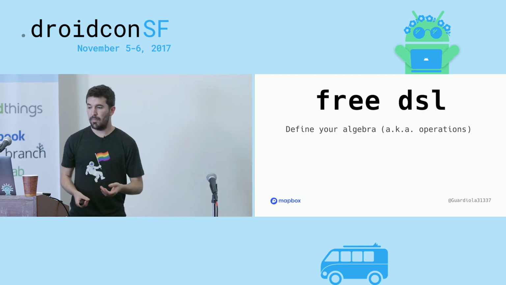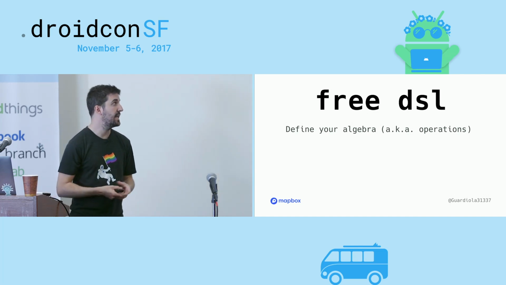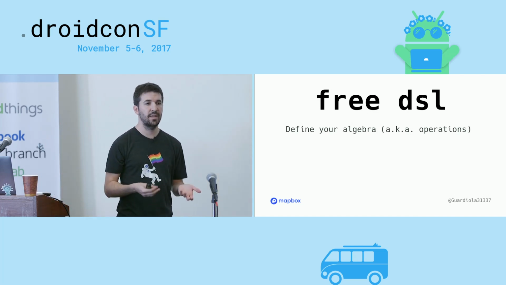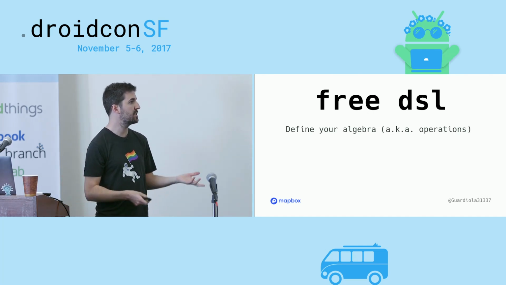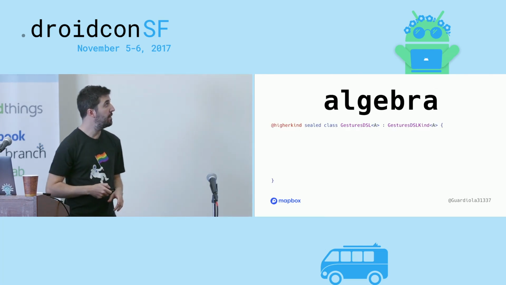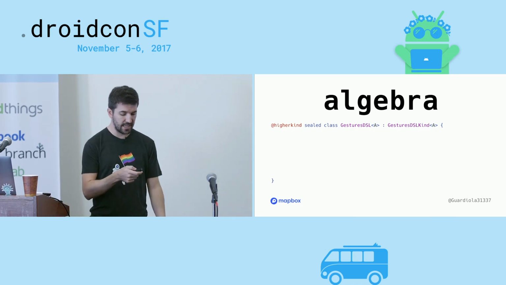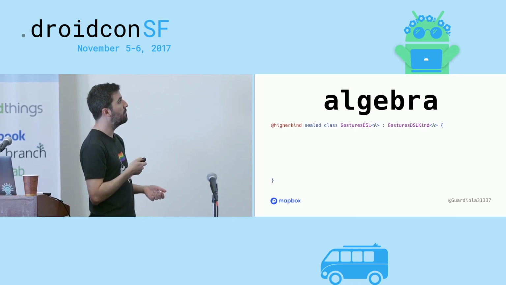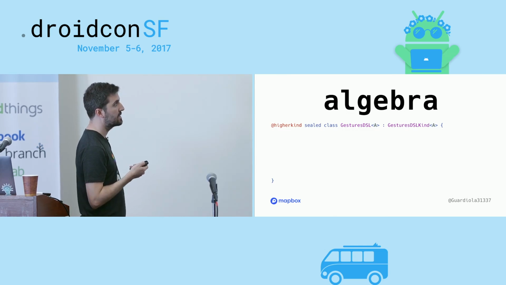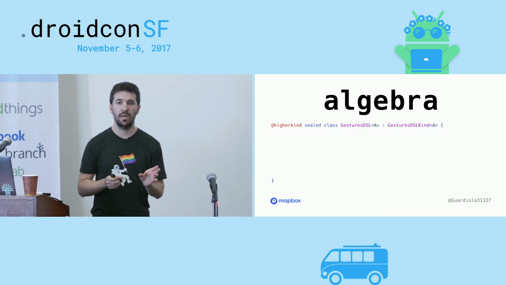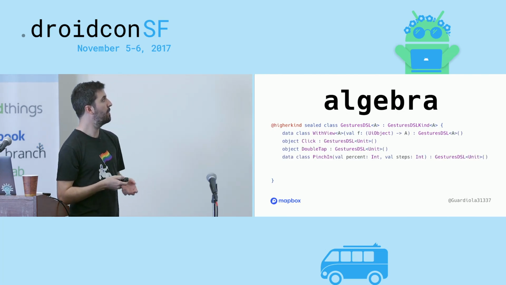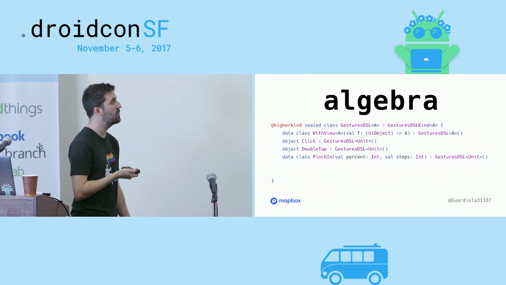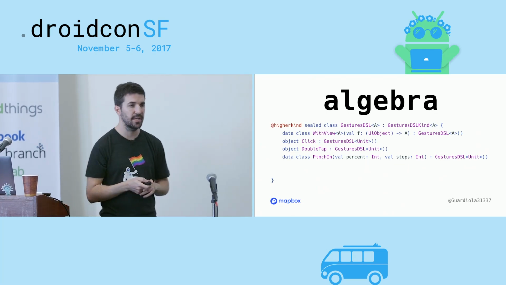First of all, we need to define the algebra, and the algebra means the operations that you want to include in your DSL. And here, in my example, we are modeling this as a sealed class because we want closed inheritance. And then we need to add all the operations that we want to support in our DSL.